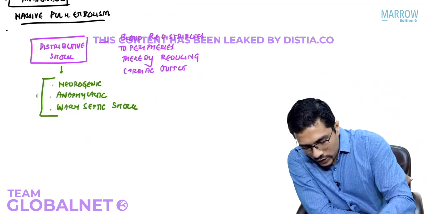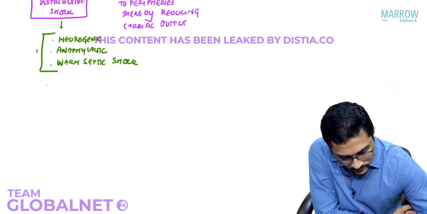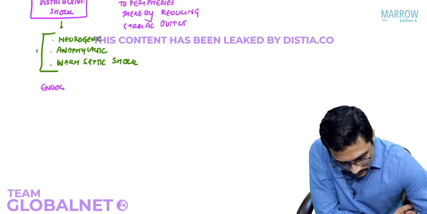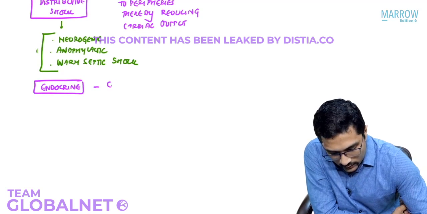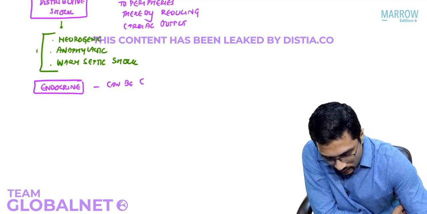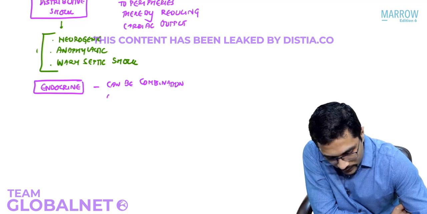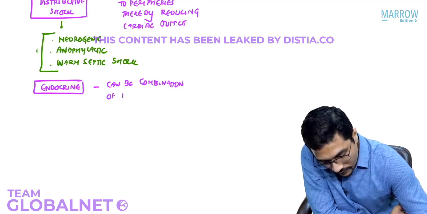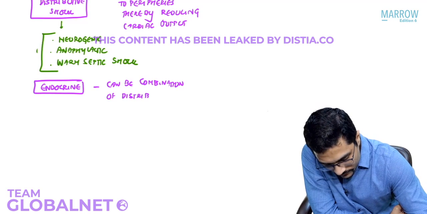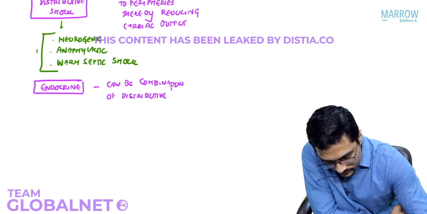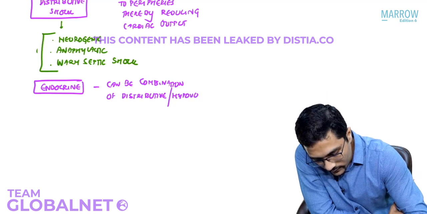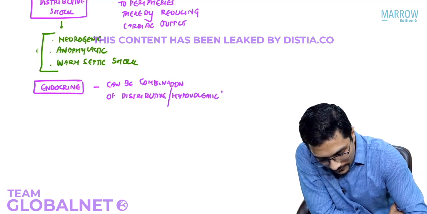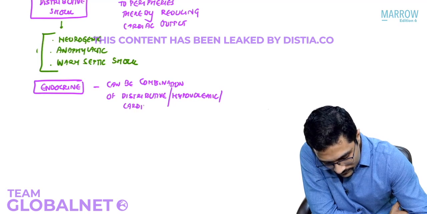And endocrine shock. Endocrine shock can be a combination of distributive and hypovolemic and cardiogenic shock. Right?